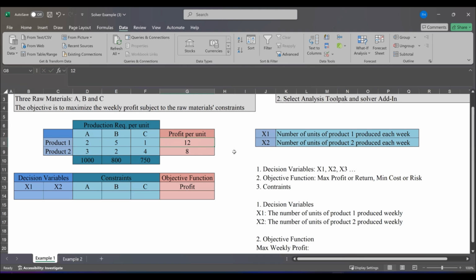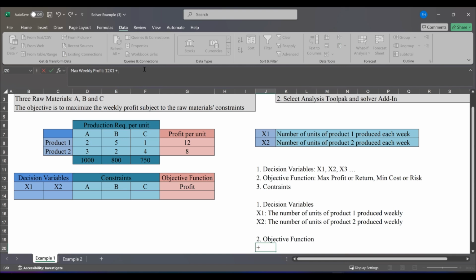Whenever I'm selling 1 unit of product one, I'm making $12 a unit. So if I'm going to produce X1 units of product one, my profit from product one is going to be 12 times X1. So 12X1 is my profit from selling X1 units of product one.